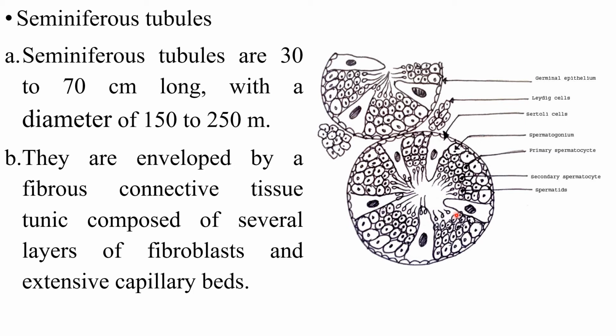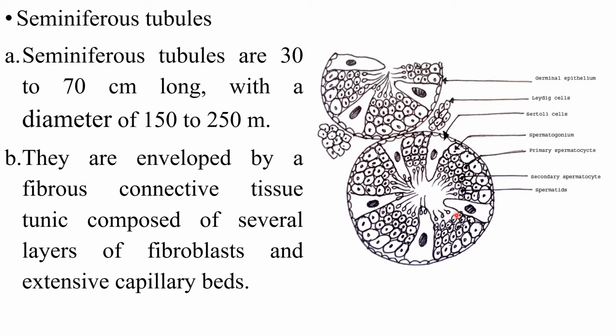So we have seen that each lobuli of the testis is composed of 1 to 4 seminiferous tubules. Let us see what are these seminiferous tubules. Seminiferous tubules are structures that are 30 to 70 centimeters long with a diameter of 150 to 200 micrometers.